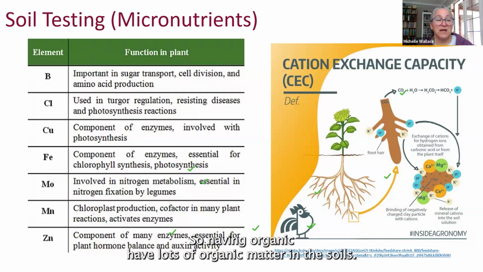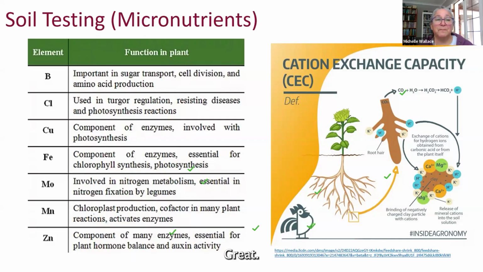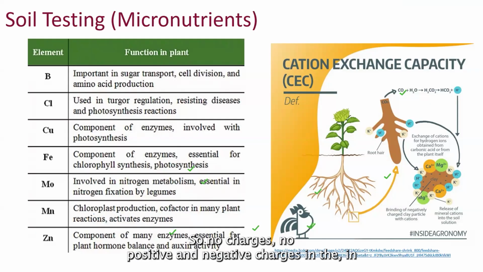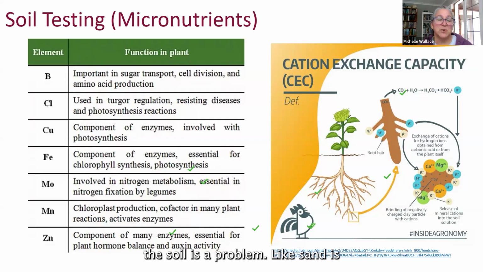Having lots of organic matter in the soil is great, but when your index number goes over 20, then you start to see the tying up of nutrients, and so it's not as efficient, I guess is the best way I can describe it. No positive and negative charges in the soil is a problem.